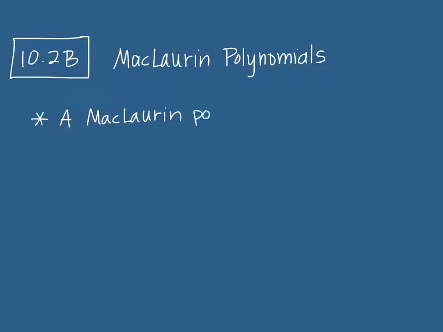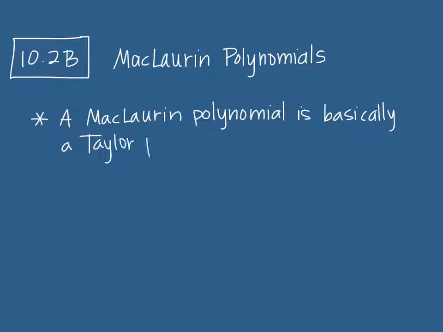A Maclaurin polynomial is basically a Taylor polynomial centered at 0.